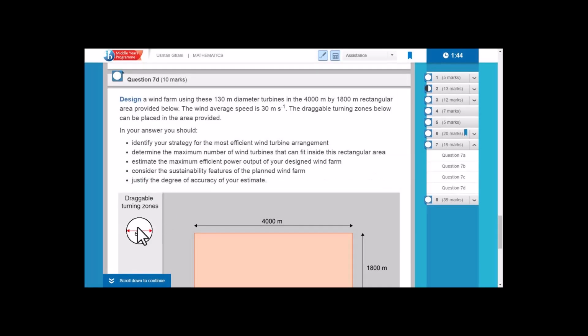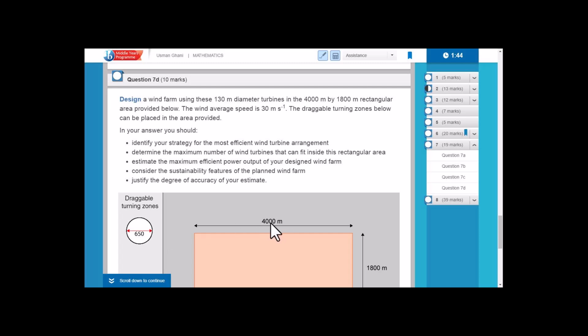When I place a circle here, one windmill is assumed to be on one side of the circle, and one windmill on the other side, because that's a turning zone. I can place the circles, and this is actually a drag and drop question. I'll keep on dragging and dropping until I cover this, and I can even do it mathematically.